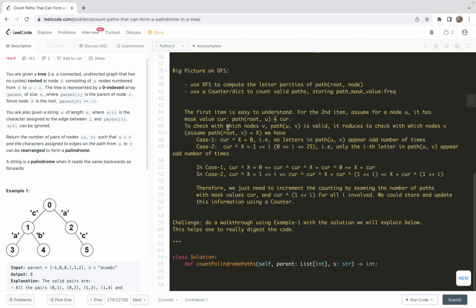Then to check with which node V path UV is valid, in other words, can be rearranged to be a palindrome path, it reduces to check with which nodes V. We assume that the mask value from the root to this node V is X. We have the following. First case is current exclusive OR with this X is 0.